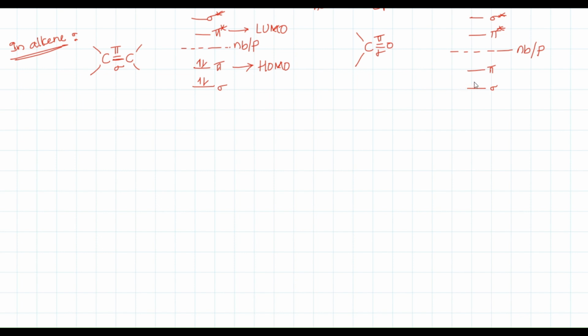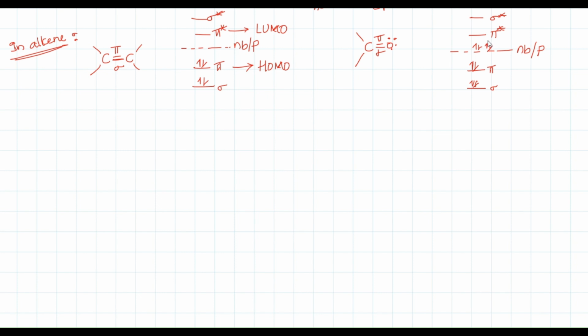Two electrons are in the sigma bond, two electrons are in the pi bond, and oxygen contains two lone pairs in non-bonding. How many electrons are there in non-bonding? Four electrons, two pairs of electrons. It is not exactly an orbital, these are non-bonding electrons.